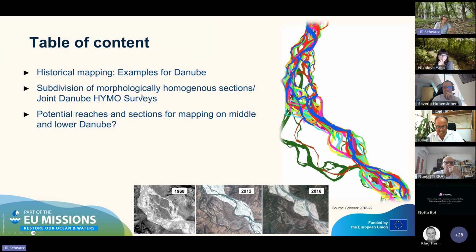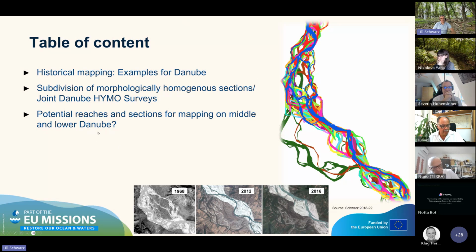I will do it not too theoretically, but on two slides, talking about the subdivision of morphologically homogeneous sections. I link it also to the Joint Danube Survey, because I will show you later in the Danube for All project, very recently, we had workshops, and we are preparing this segmentation, let's say, of sections for the Danube River Basin, even with tributaries.